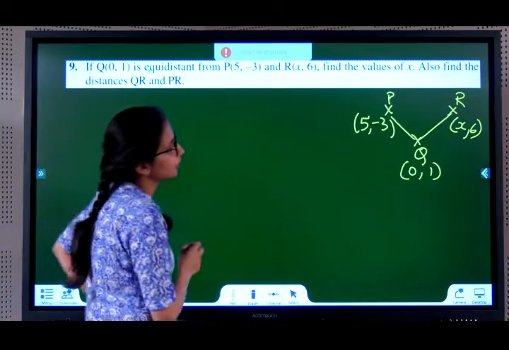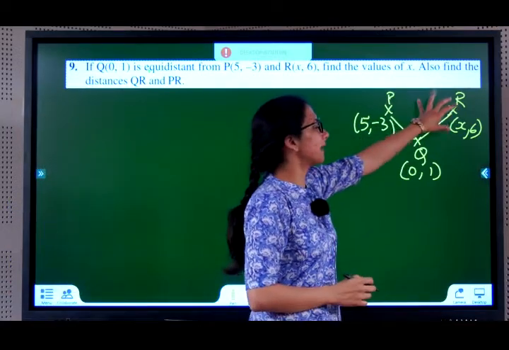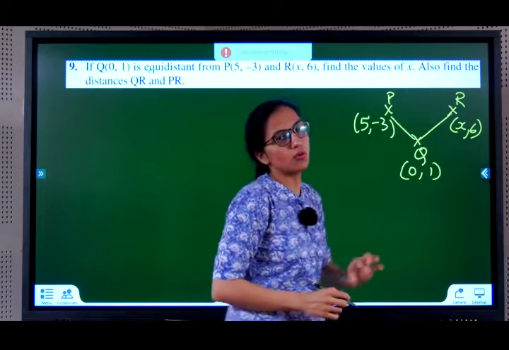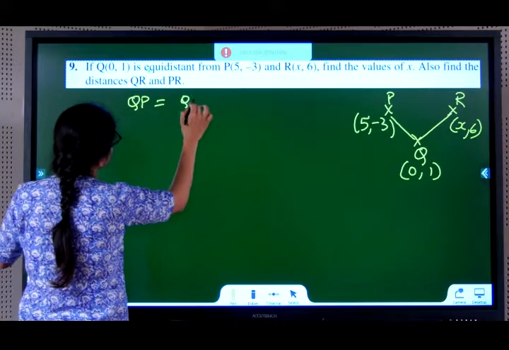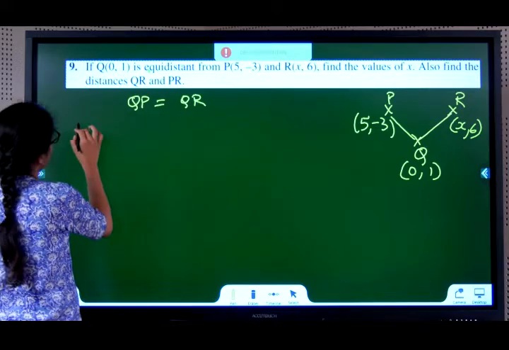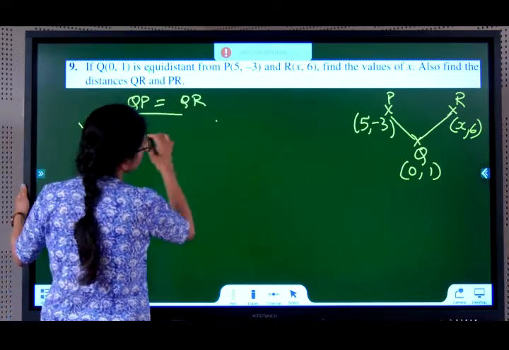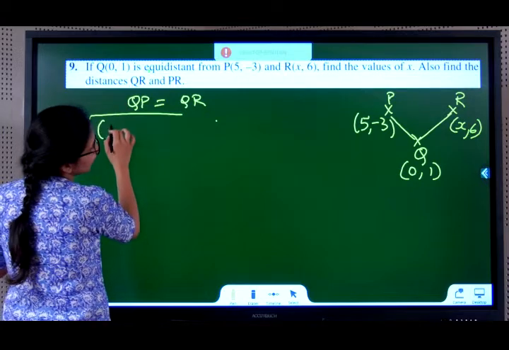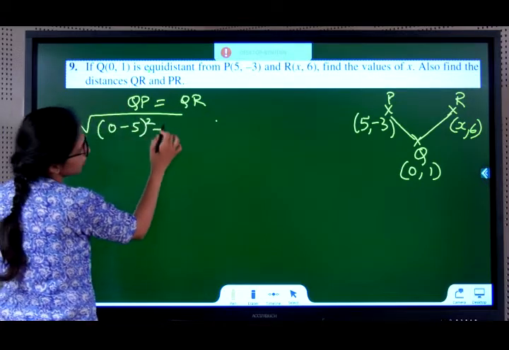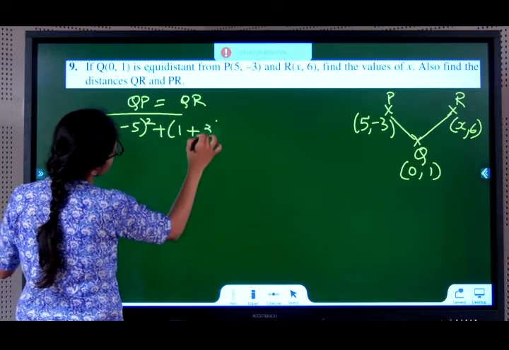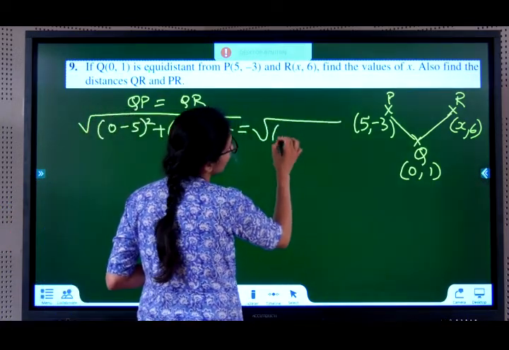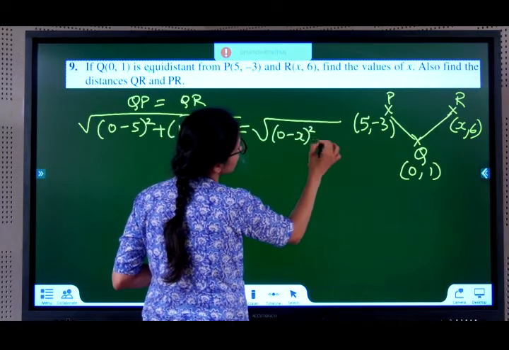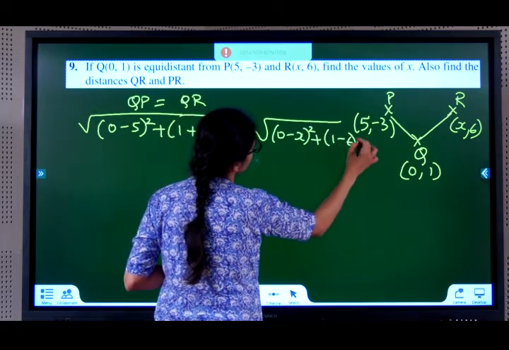So now who's equal to whom? Q is equidistant from P and R. So QP equals QR. Root of (0 minus 5) the whole square plus (1 minus of minus 3, 1 plus 3) the whole square is equal to root of (0 minus x) the whole square plus (1 minus 6) the whole square.